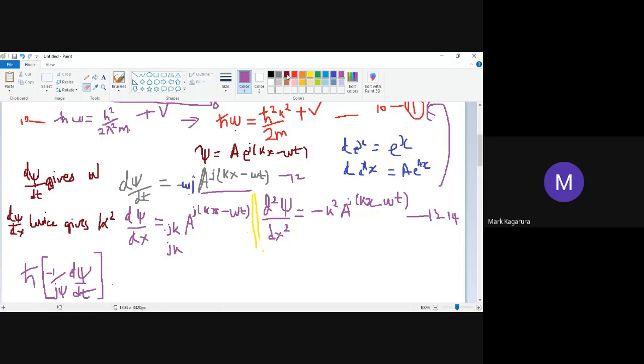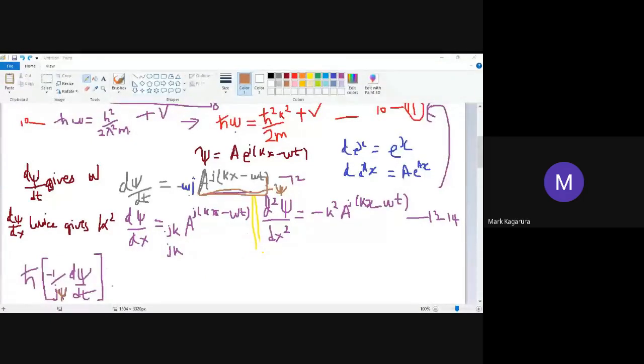Let me just use a different color so that even if someone was sleeping, they'll be able to find it. So that over there is phi. This bit here, okay, psi, which is psi.